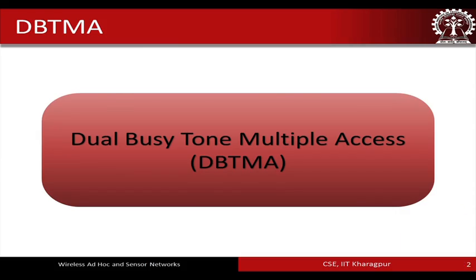Some of these channels are used for sending the control packets, whereas the other channels are used for actually sending the data packets out. This is how collision is reduced with the help of splitting the channel into multiple sub channels.